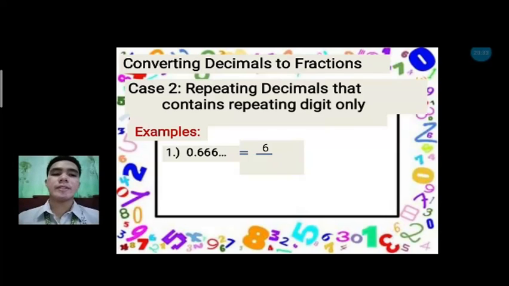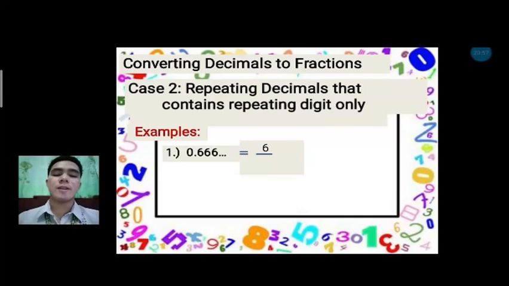Take note that the denominator will be 9, but the number of 9s should depend on the number of repeating digits. How many repeating digits do we have? We only have one repeating digit, that is 6.